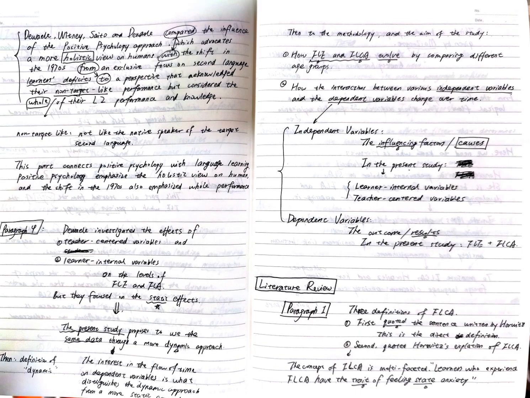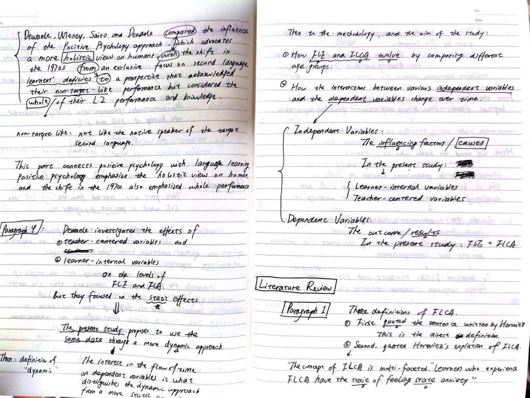So this is paragraph 1, but we still need to introduce who is Professor Horowitz, one of the most preeminent scholars in the field of second language acquisition. And Professor Horowitz is best known for conceptualizing FLA or FLCA and developing the measurement tool for assessing it.